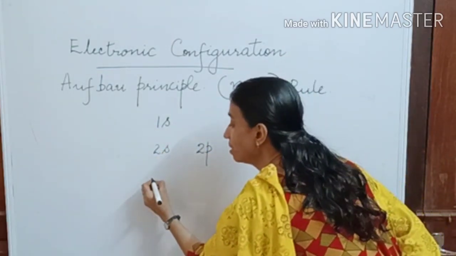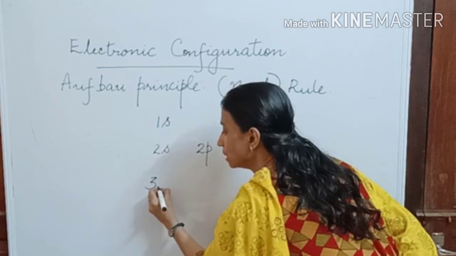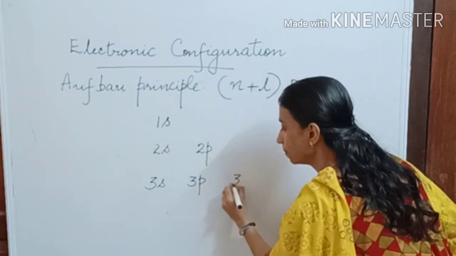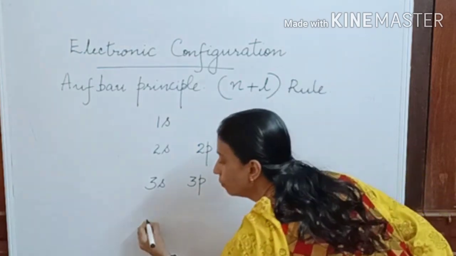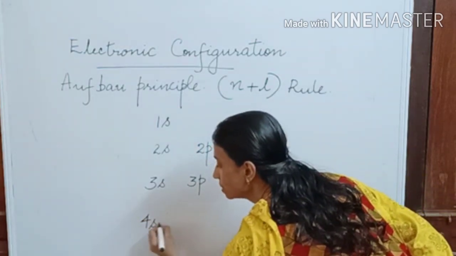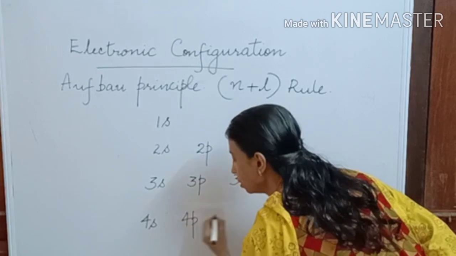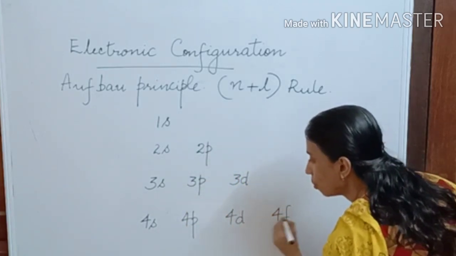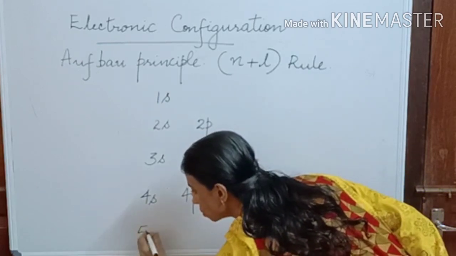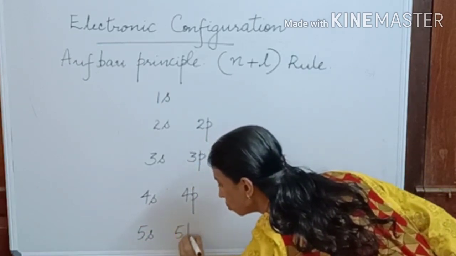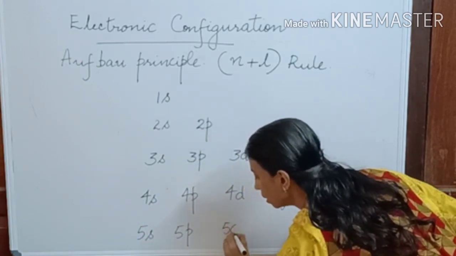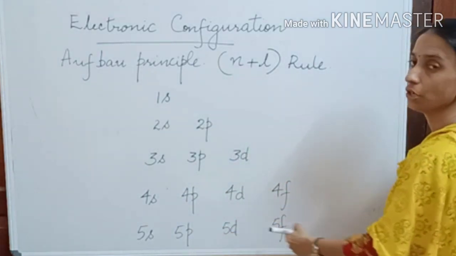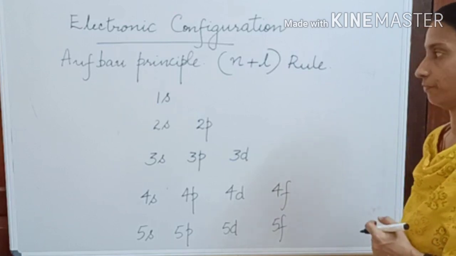Now, the third shell will have 3s, 3p, 3d. The fourth one will have 4s, 4p, 4d, 4f. 5s, 5p, 5d and 5f are the different orbitals concerned with n equal to 5.